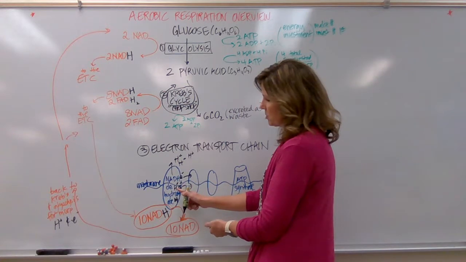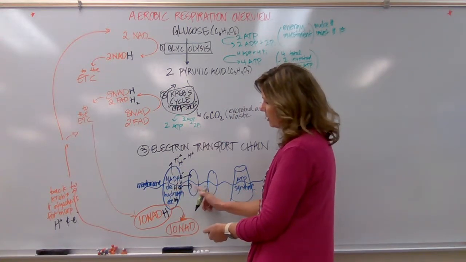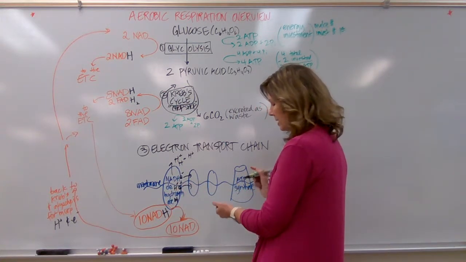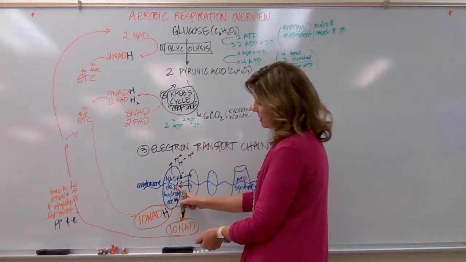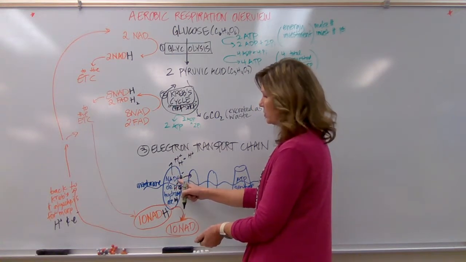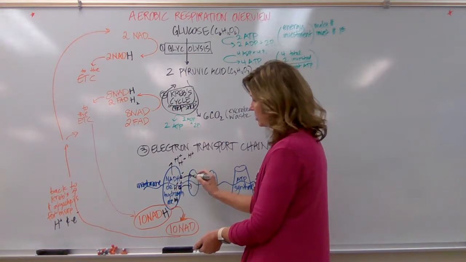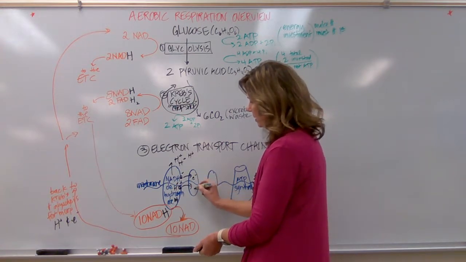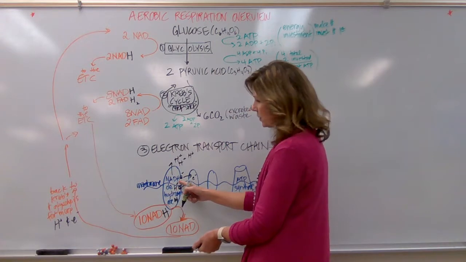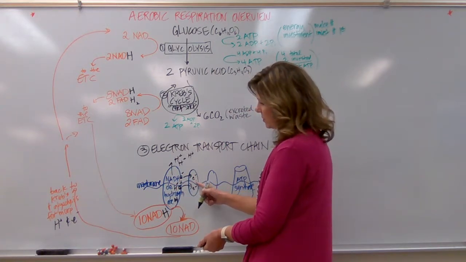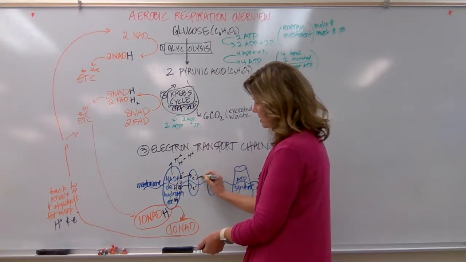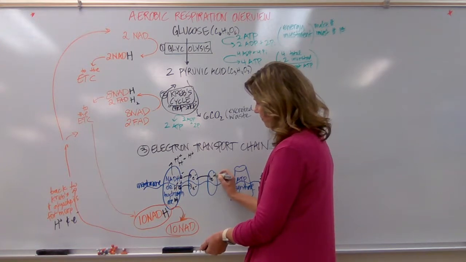As they are being transported from one enzyme to another in this chain of respiratory enzymes, the enzyme that has the electrons is reduced, and when it gives it away to the next enzyme in the chain, now this one is reduced and this one is oxidized. This one is reduced as it gives it away to the next one in the chain.